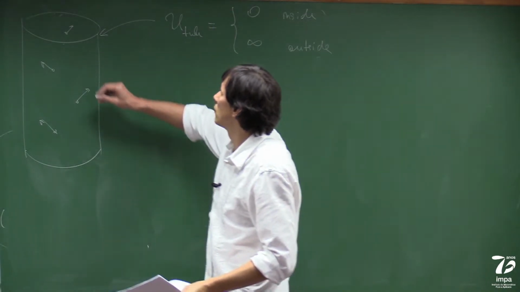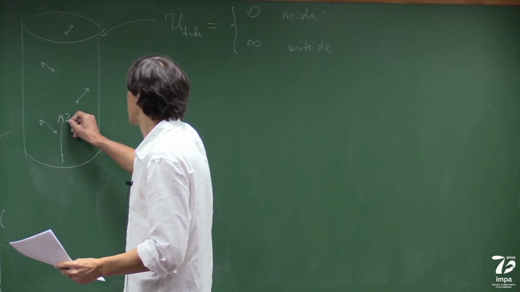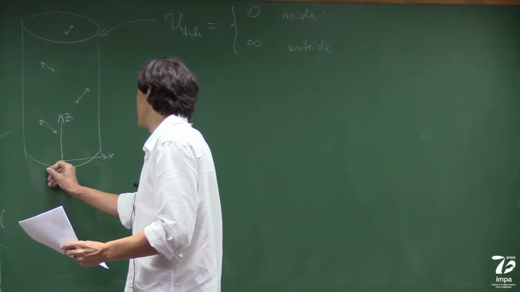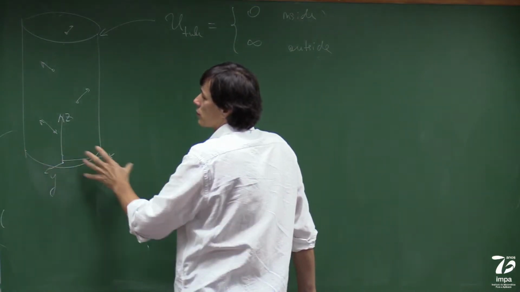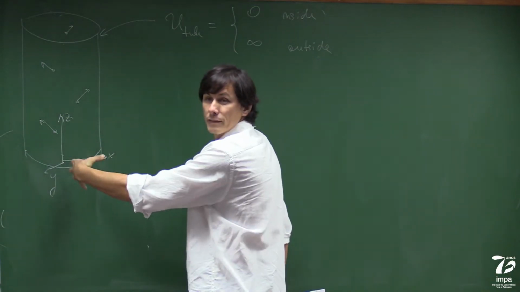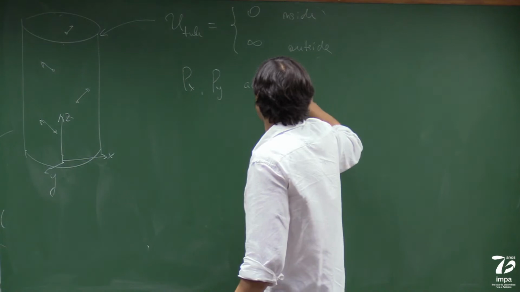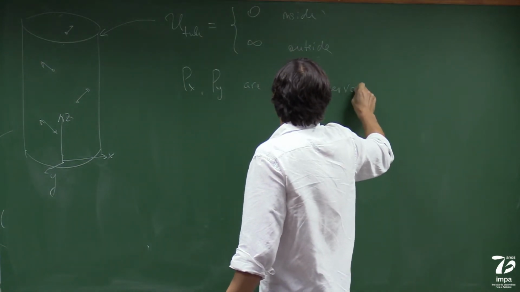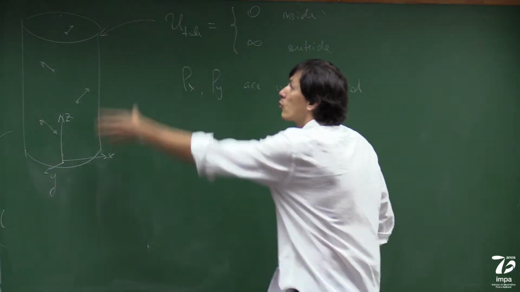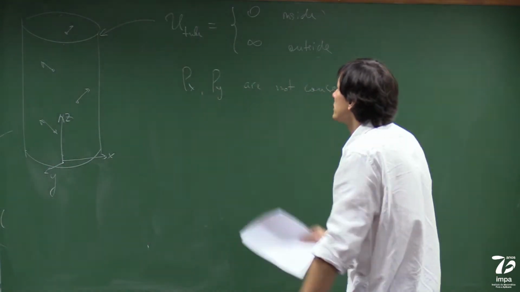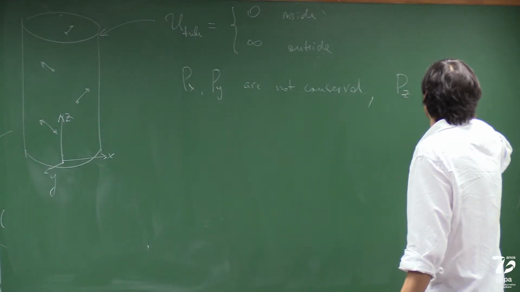Let's put a coordinate system: z upwards, x here and y here. You know that the potential is not invariant with respect to translation in x and y. So px, py are not conserved. There is no reason for them to be conserved, because we don't have translation invariance in x and y. But in the vertical direction, in z, we still have an invariance of the Lagrangian. So pz is conserved.